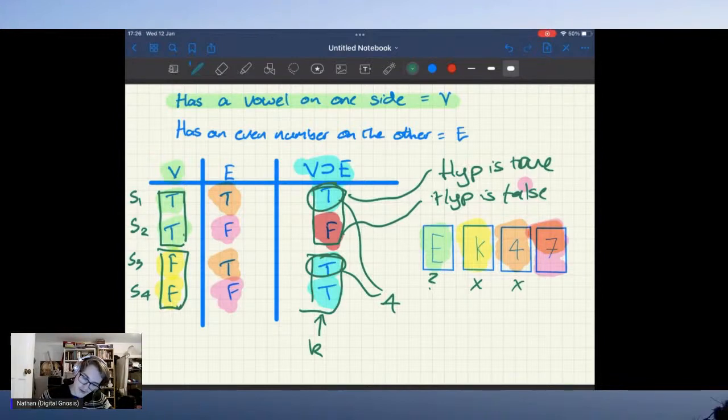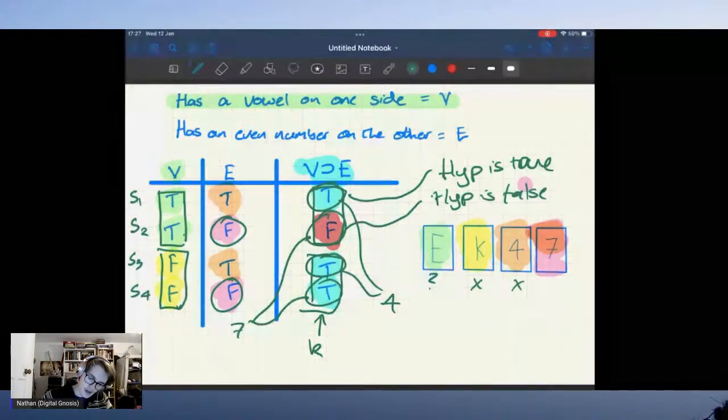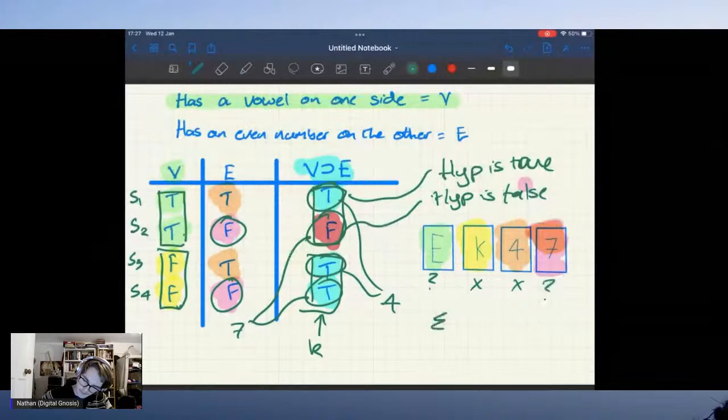And if we turn 7 over, in that case it could potentially come out as false. So in order to test our hypothesis, we would need to turn over E and 7.